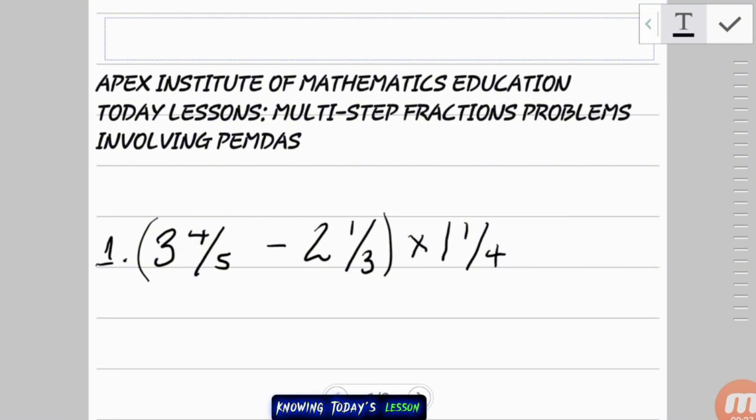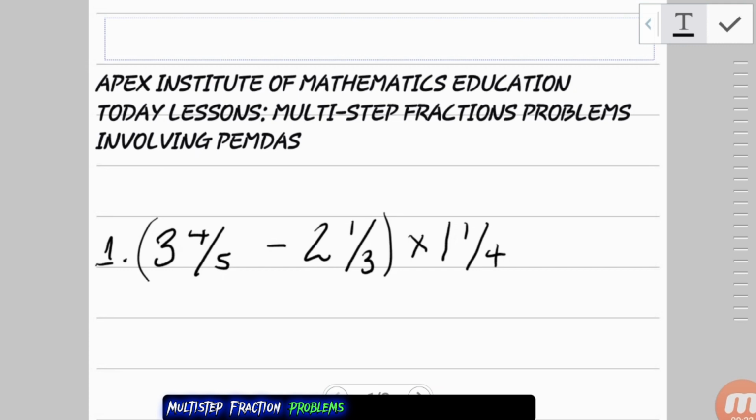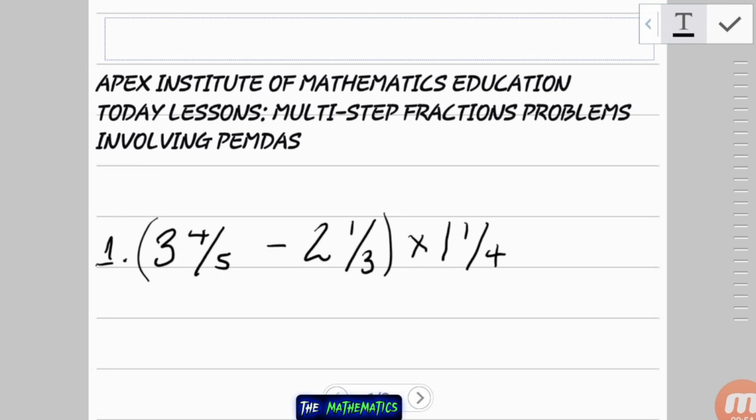Now in today's lesson, we're going to be looking at, as you can see there by the title, multi-step fraction problems involving the use of PEMDAS. In one of my previous tutorial videos, you would have seen where I explained how important PEMDAS is, not just to basic arithmetic, but PEMDAS is applied right throughout mathematics problem applications.